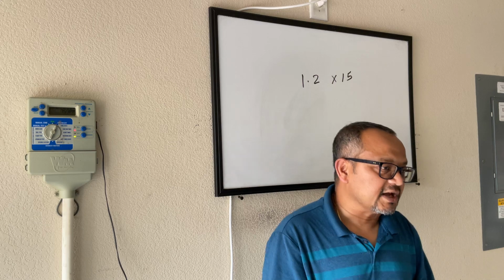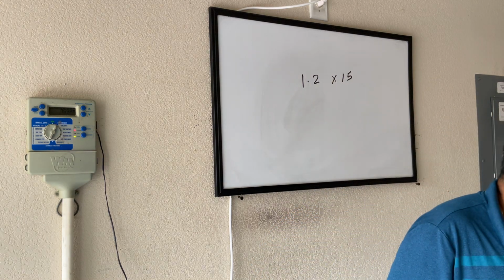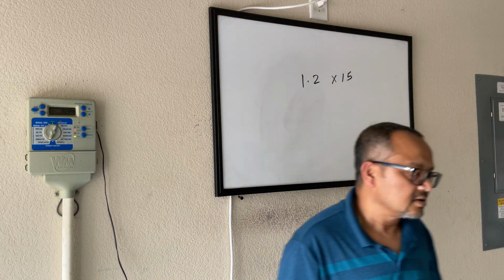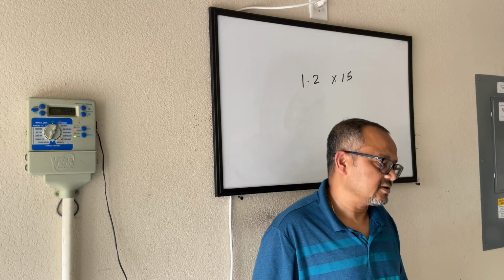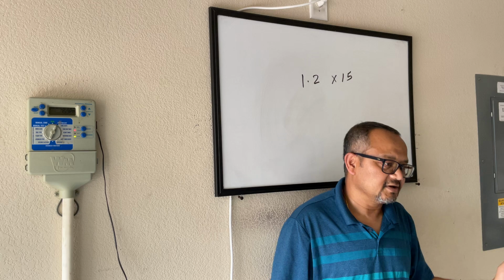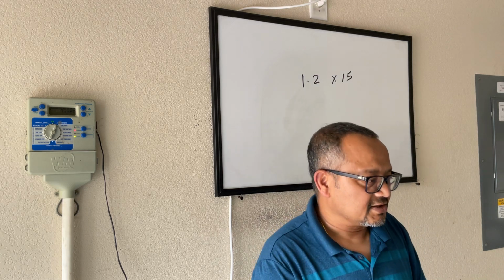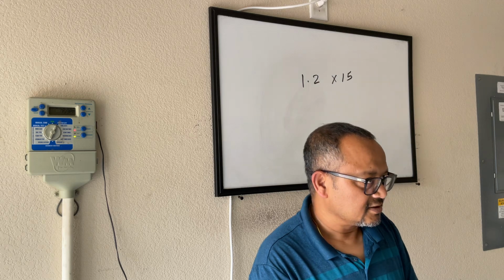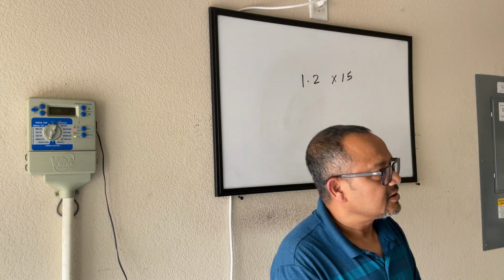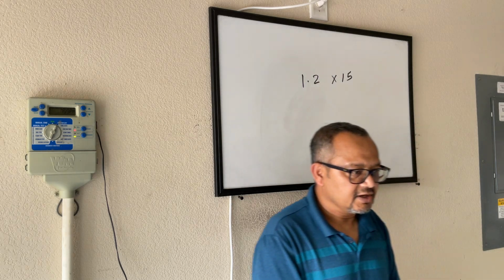Anybody else who has got the answer? Yes, beta. I got 18 because I multiplied 12 times 15, and I got 180 and I divided by 10, put my decimal to the right. Yes. Okay. Sohita, what is the answer? My answer is 18.0. Okay.